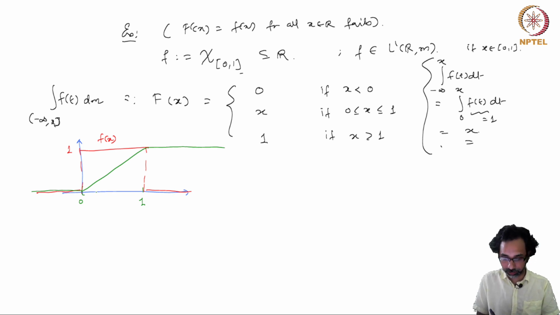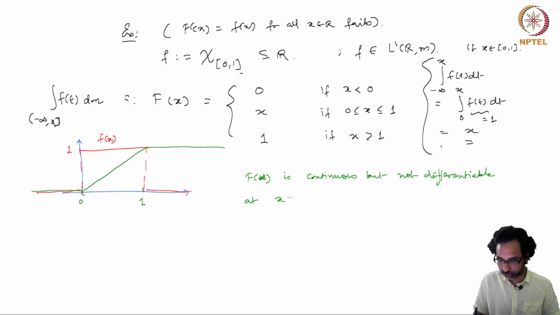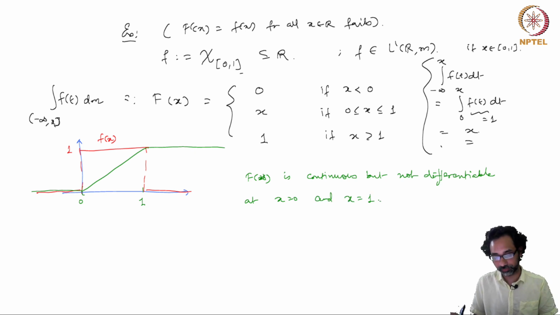So we can see that F of x is continuous, but not differentiable at x equal to 0 and x equal to 1.